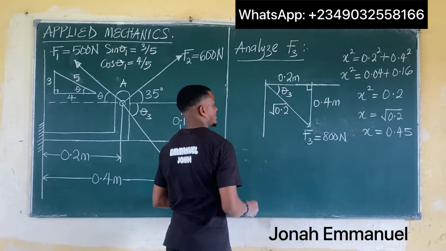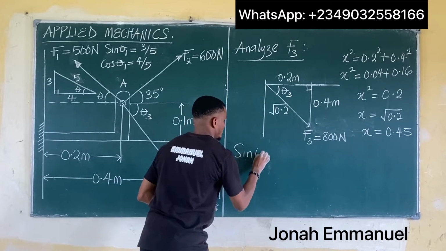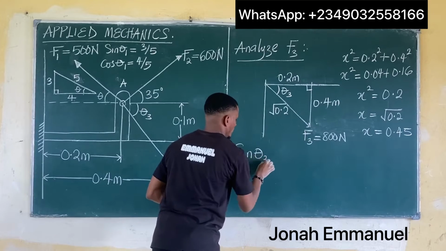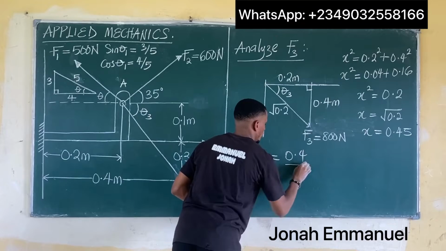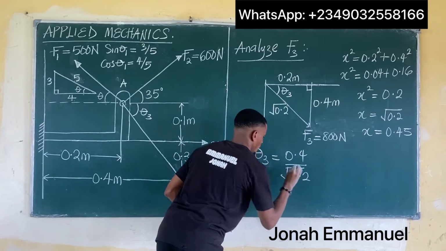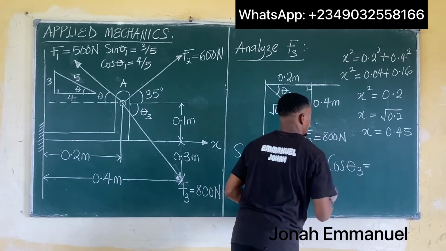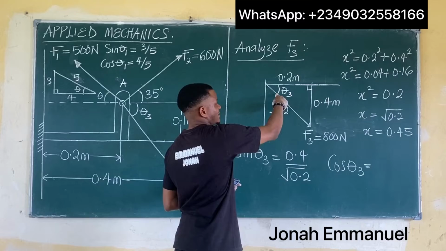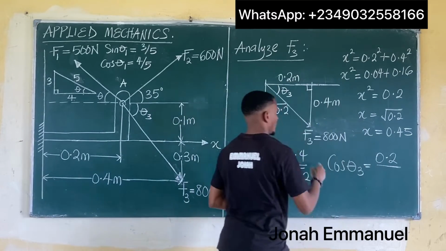Alright, from here let's get sine and cos of theta. Sine theta 3 is equal to, here opposite, 0.4 all over hypotenuse root 0.2, and also cos theta 3 is equal to cos is adjacent 0.2 all over hypotenuse, root 0.2.